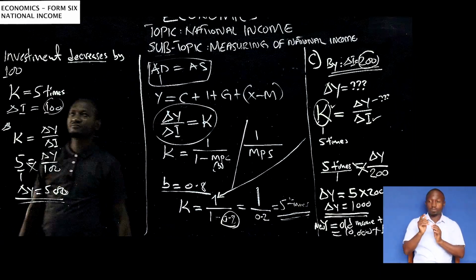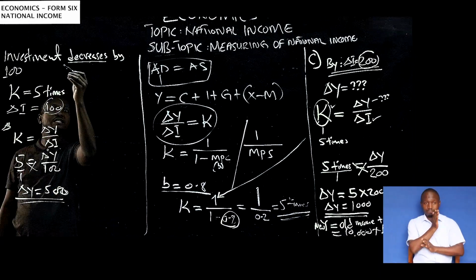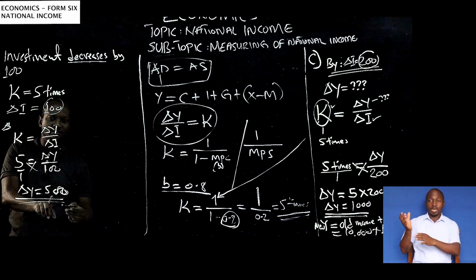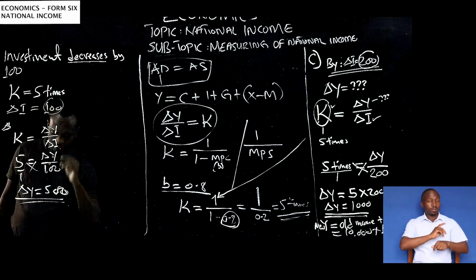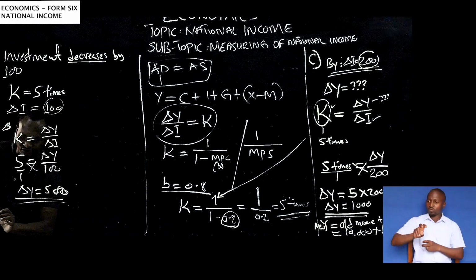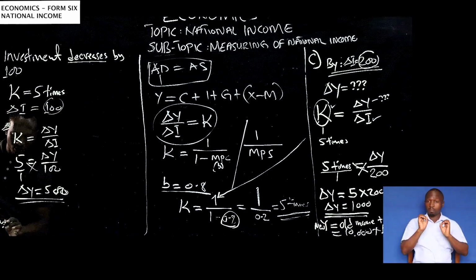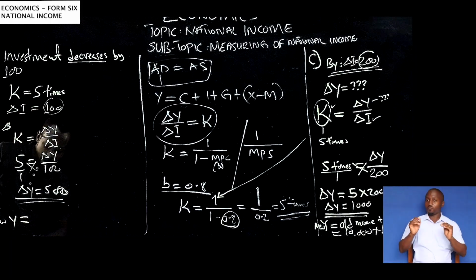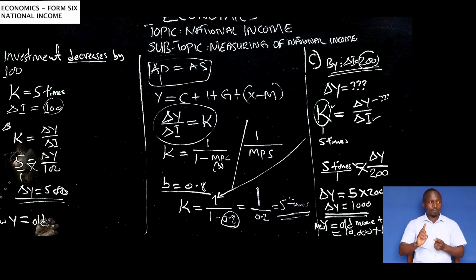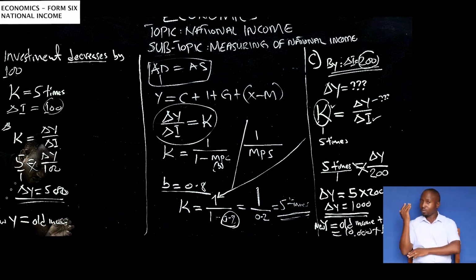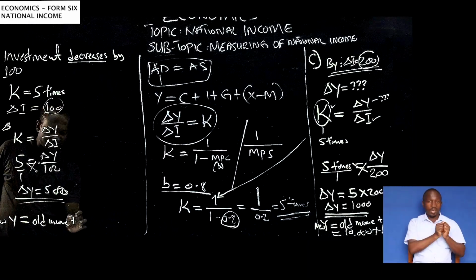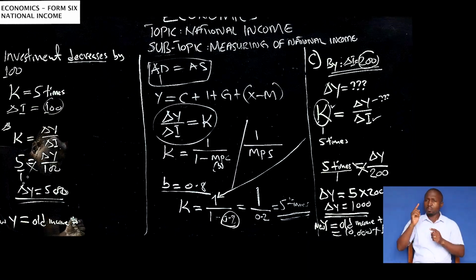But here, because investment has decreased and we get a change in income of 500, when the question needs to compute a new equilibrium level of income, the new equilibrium level of income will be, you have to take the old income, 10,000, not plus, minus the change in income.